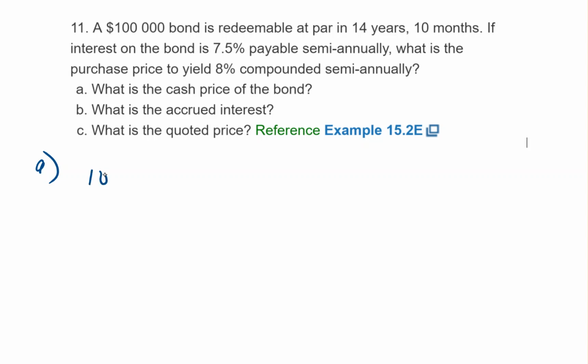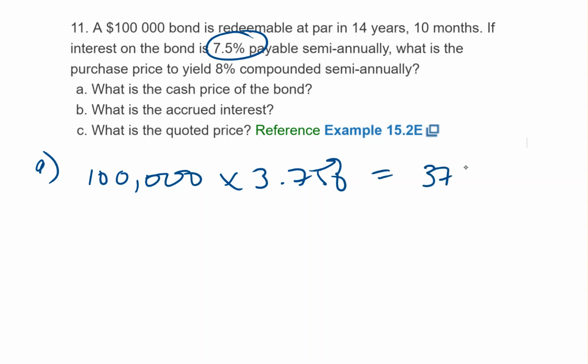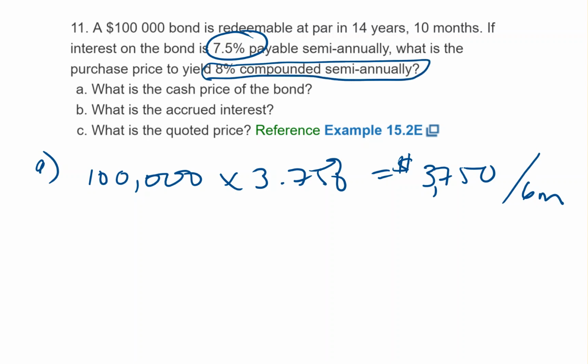So it's 100,000 times 3.75%, which is half of 7.5%, giving me $3,750 every 6 months. We know that the yield is 8% compounded semi-annually, so i equals 4% every 6 months. That's half of 8.